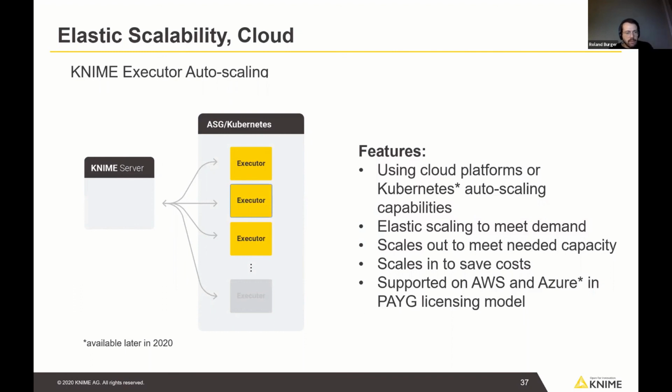Okay, the slide actually should have been updated like 2 days ago. We say here that this is supported in AWS and Azure by the pay-as-you-go licensing model. Here it says available later in 2020 for Azure. This actually was released just this week. So we also have pay-as-you-go executors available on Microsoft Azure already. So forget that available later part here, it's already there.